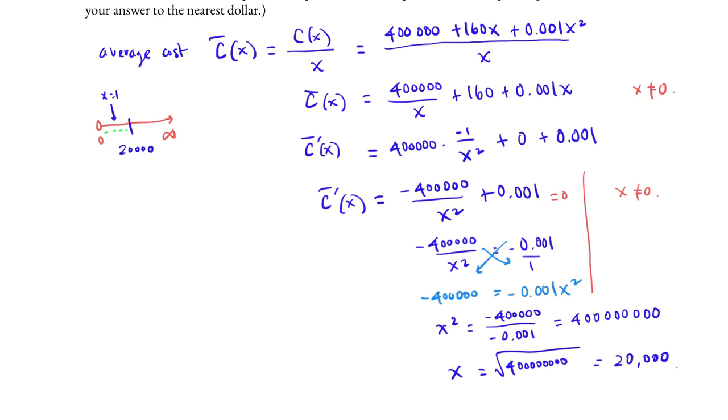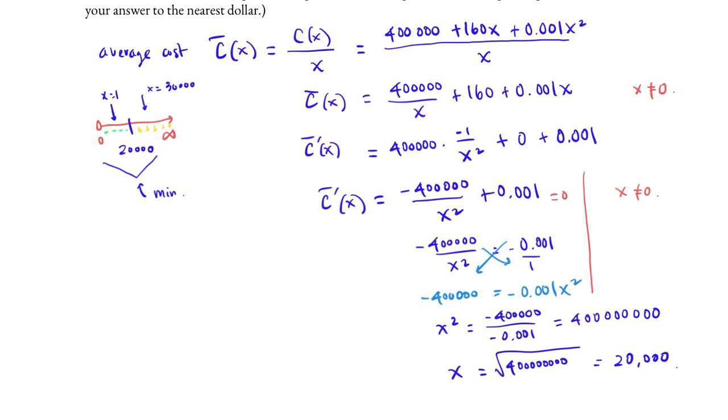Similarly, if we pick a number in the second interval, let's say 30,000, then we plug into the derivative, we will see that negative 400,000 divided by 30,000 squared will be less than 0.001 with a negative sign. And so this will give us a positive derivative in the second interval. This means the average cost is decreasing and then increasing. This means there is a minimum value at 20,000.